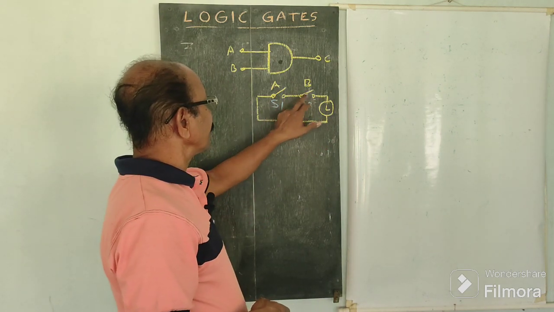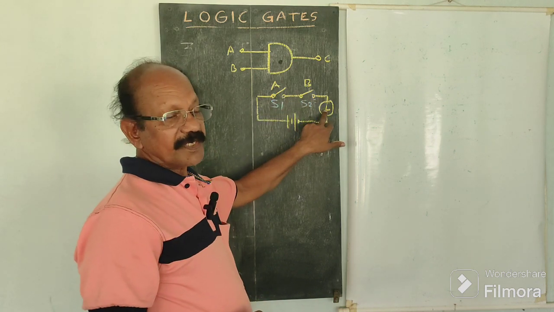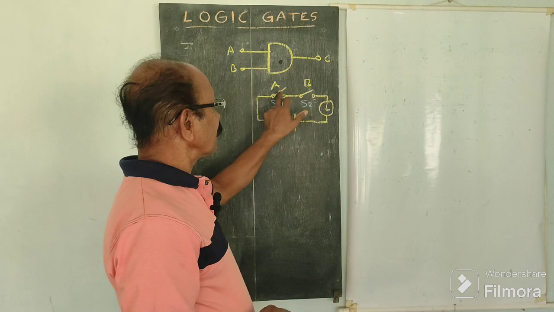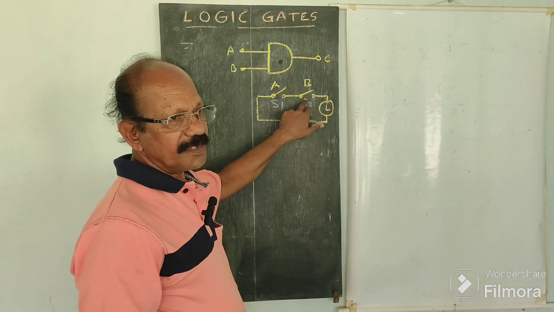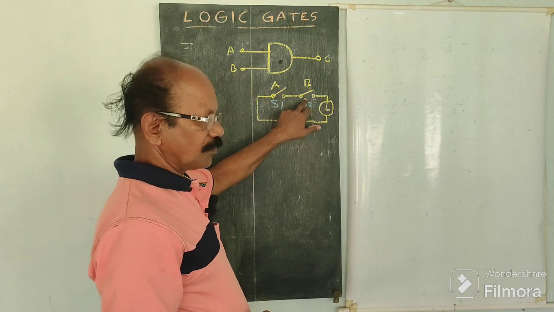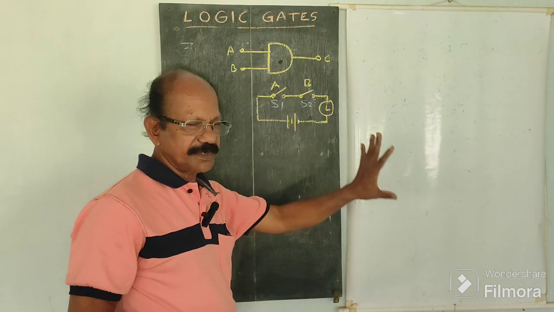If both the switches are on, then the lamp will be bright. If alternatively it is off, the output will be low or 0. This is the meaning of this circuit, simple logic.